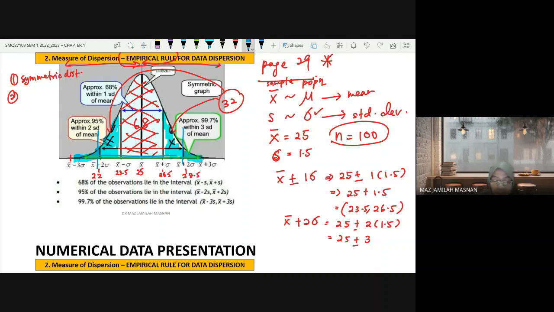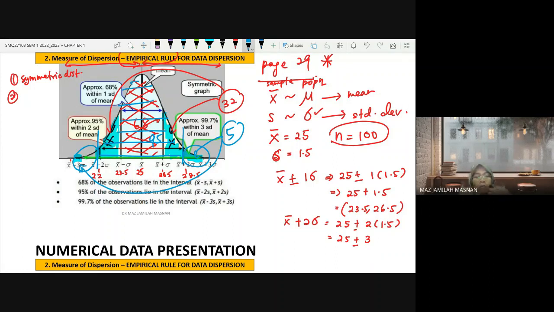That means you will have 95 of your data inside the region. So what about the 5 data? Your 5 data can be either at this tail or at this tail, either here or here.